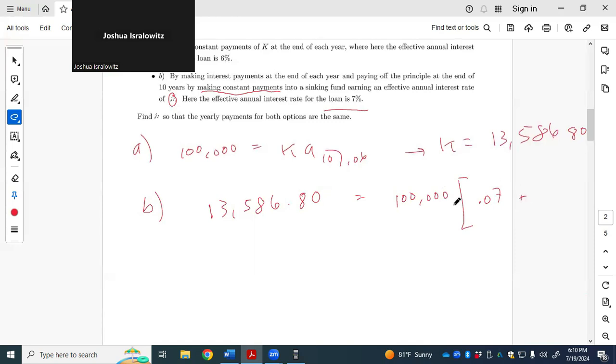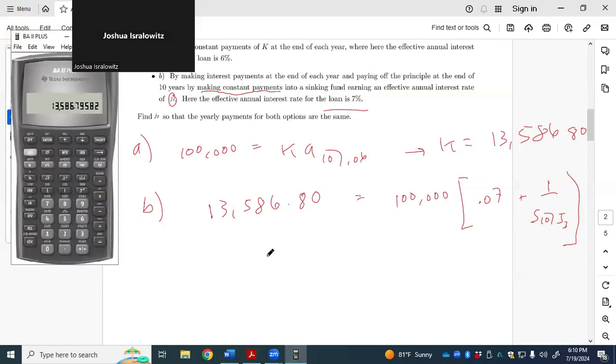So this is your interest payments you got to make. And this is the payment you got to make each year to have 100,000 after 10 years. Okay, so yeah, I stored this.